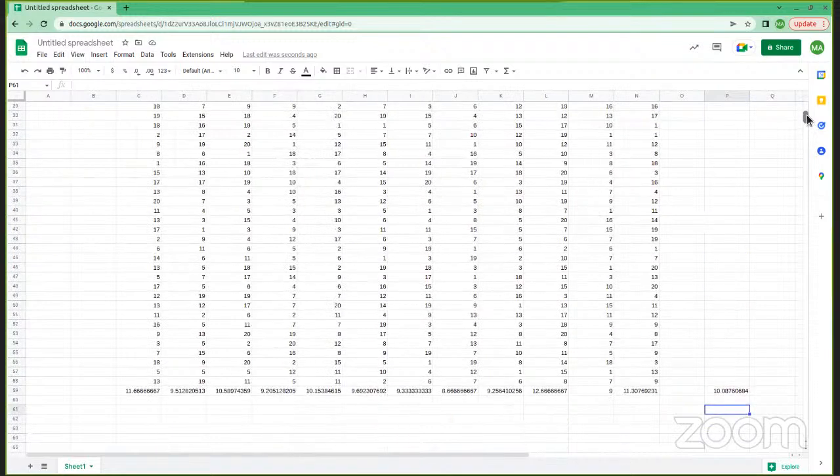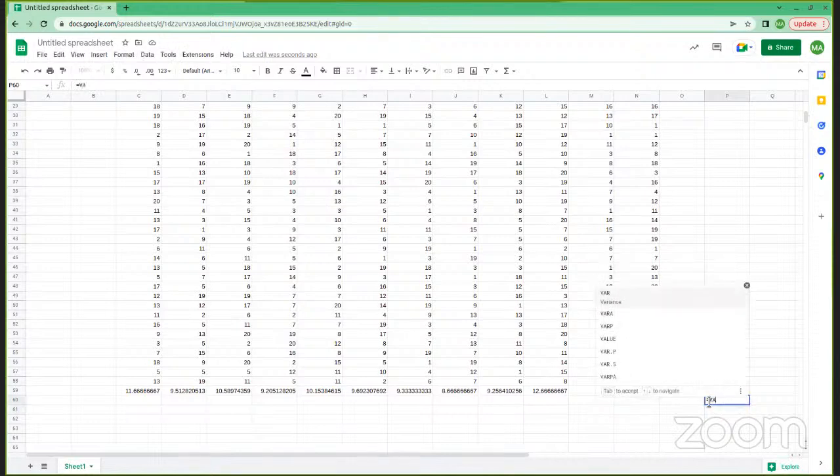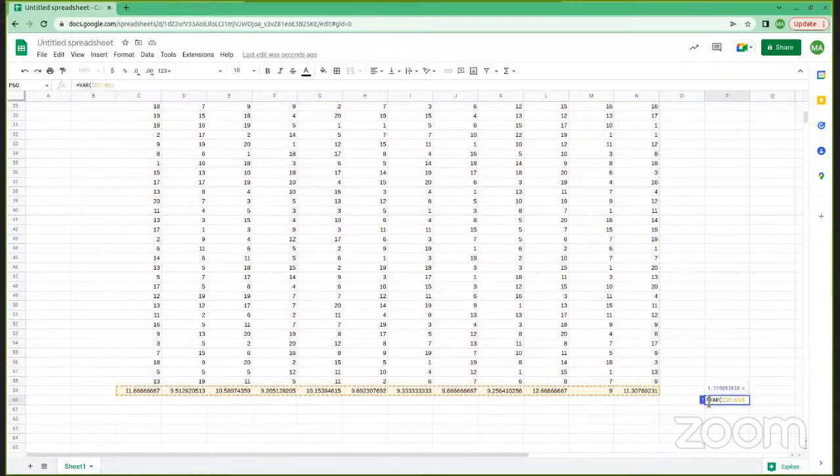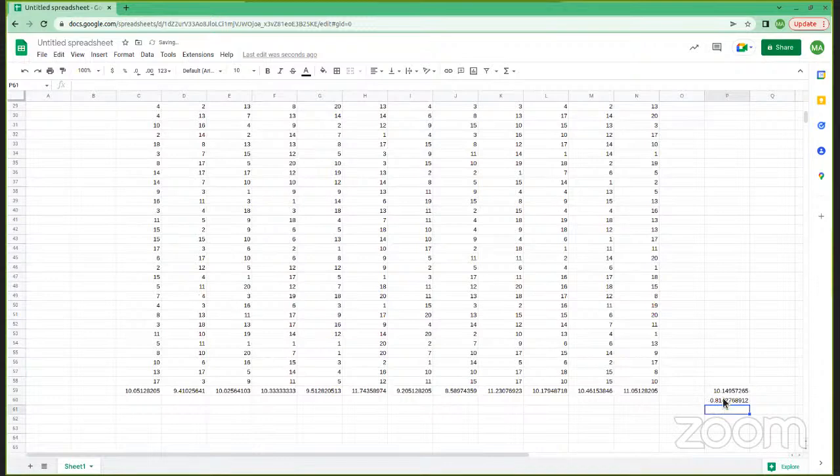Sir, actually we are also interested in variance, not really the mean, is it? Variance of C59 to N59. So what is the variance here? 0.81.